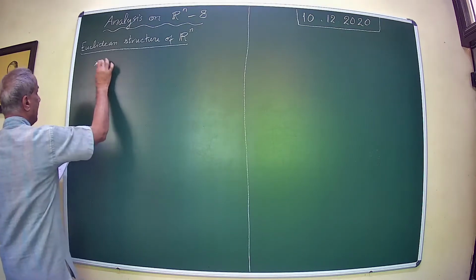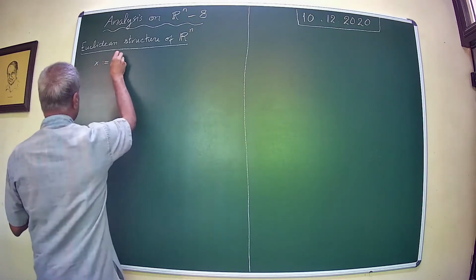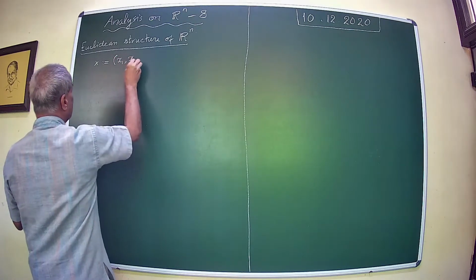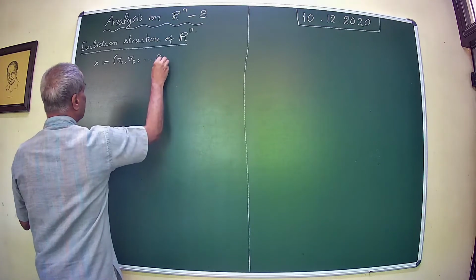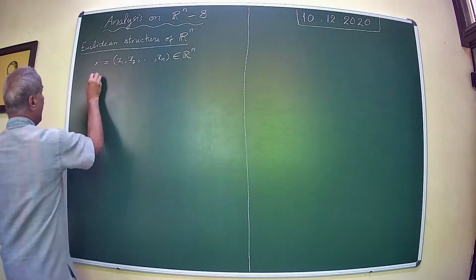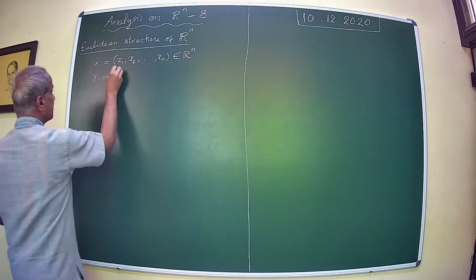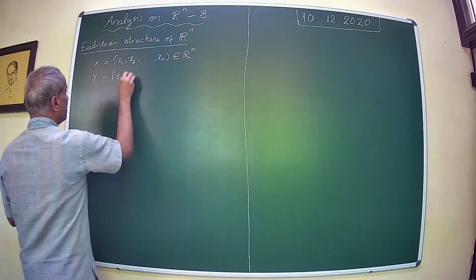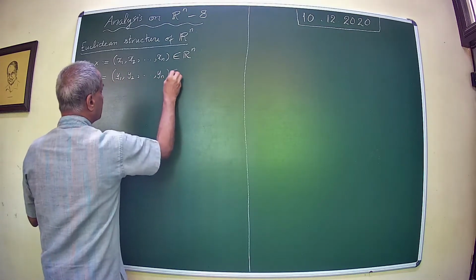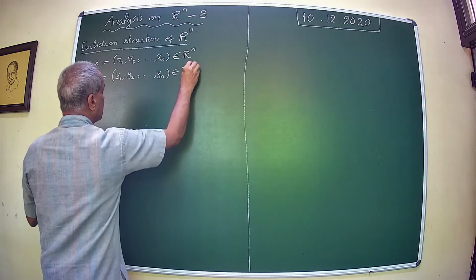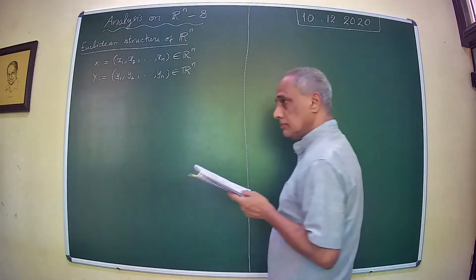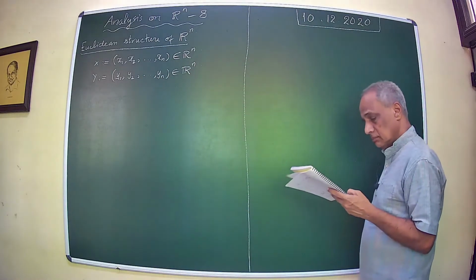X we define as the ordered n-tuple, Y we set as y1 and so on, where xi, yi are of course real numbers.